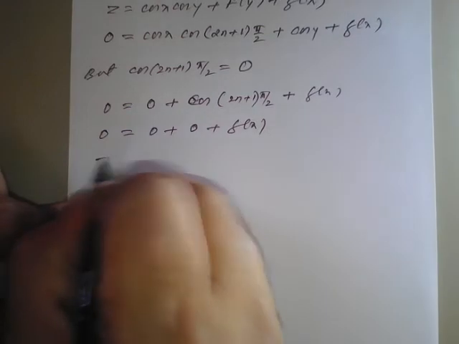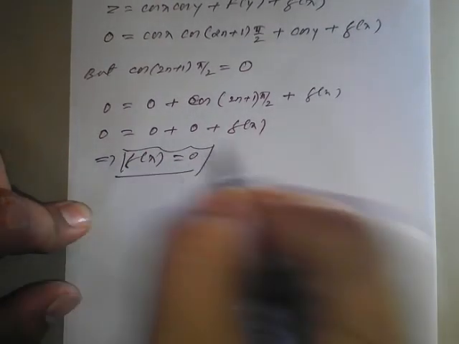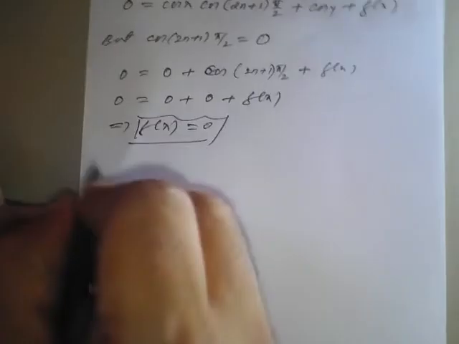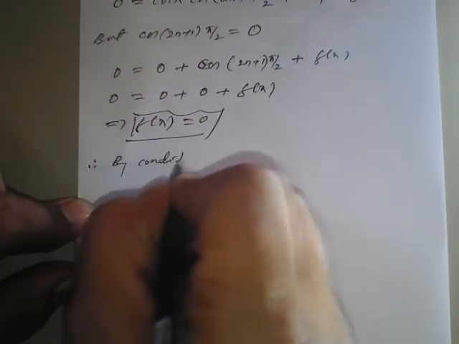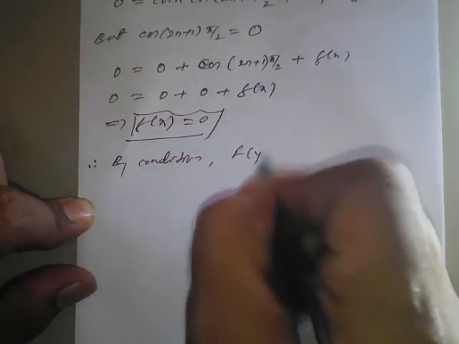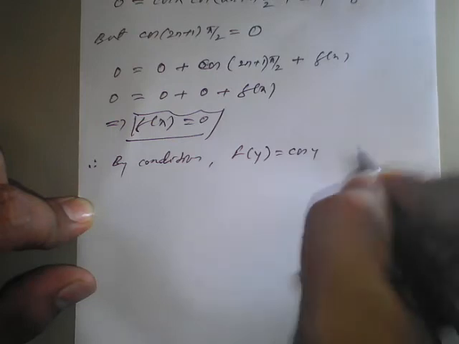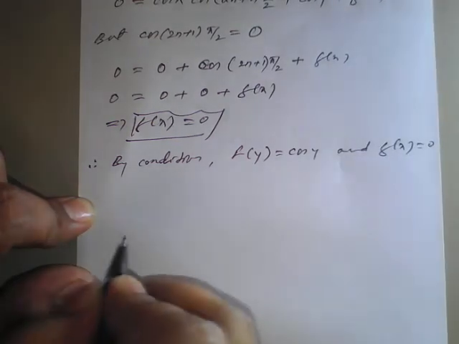So therefore we can conclude that g of x is 0. So by condition we got capital F of y as cos y, and small g of x we got 0.